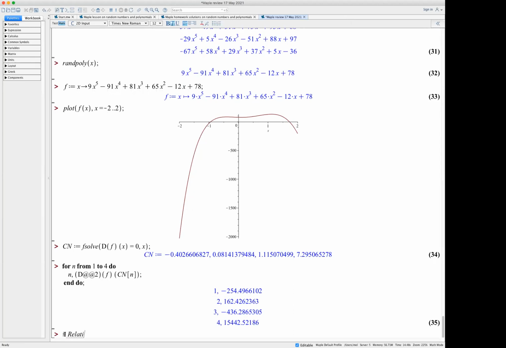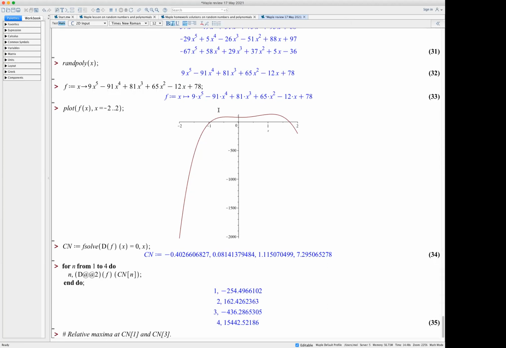maybe just to make it clearer, n comma. So we have relative or local maxima at Cn1 and Cn3, because here the second derivative is negative.